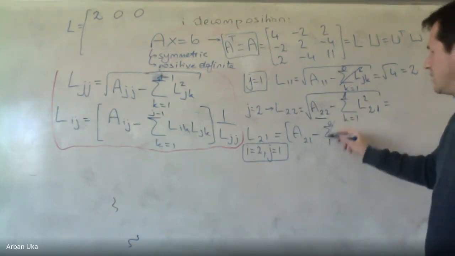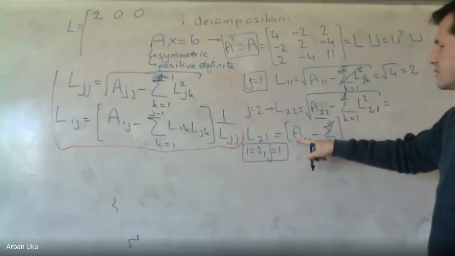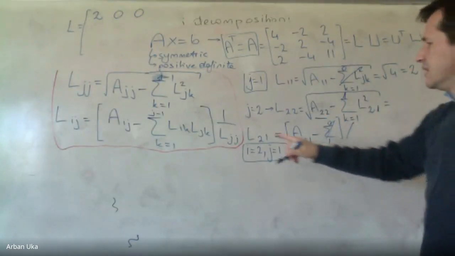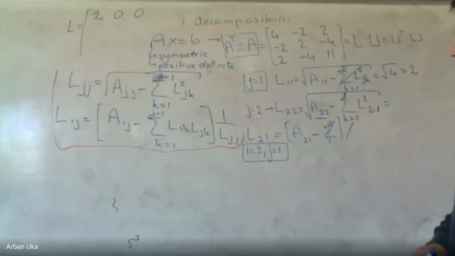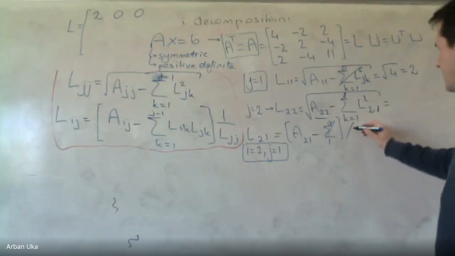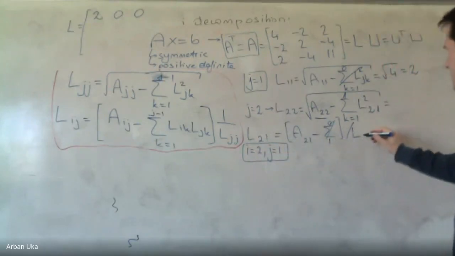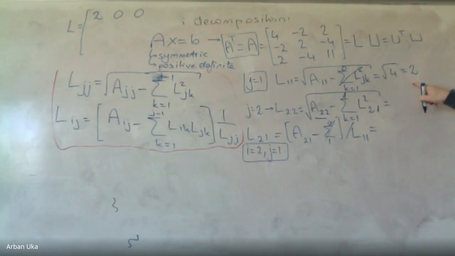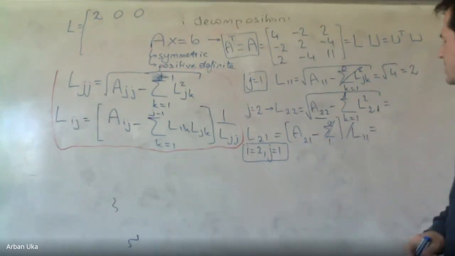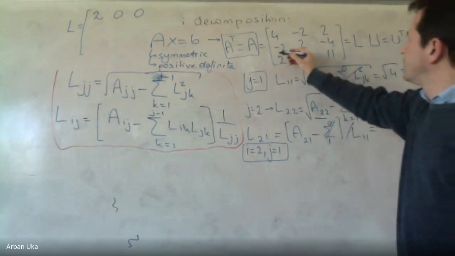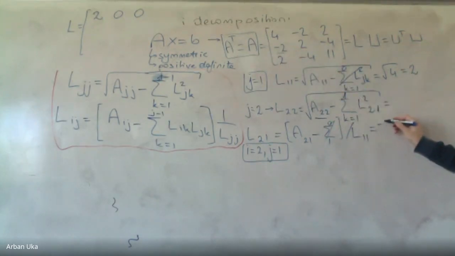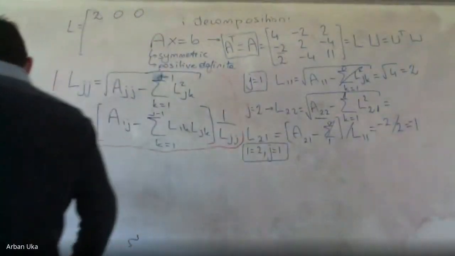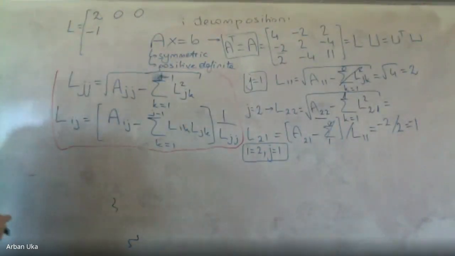So we can leave this out, and we get only A21 divided by L11. We found L11 to be 2. A21, the second row, first column, is minus 2, divided by 2, we get minus 1. So L21 is equal to minus 1.